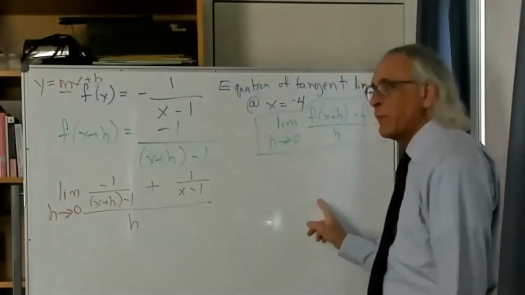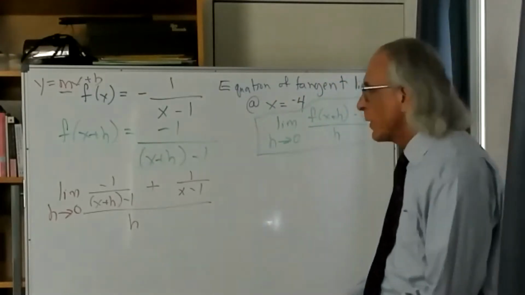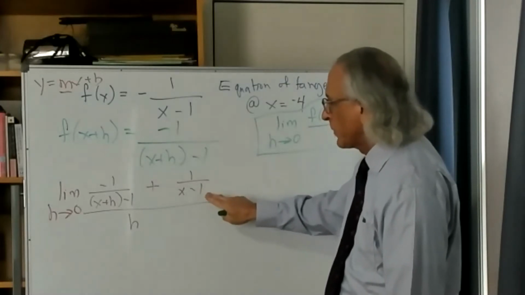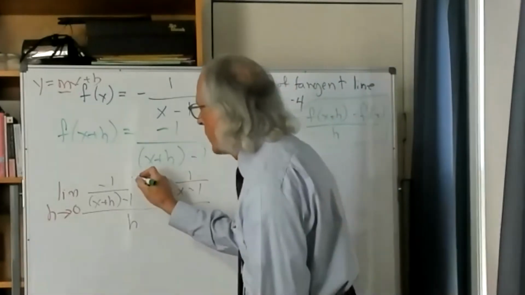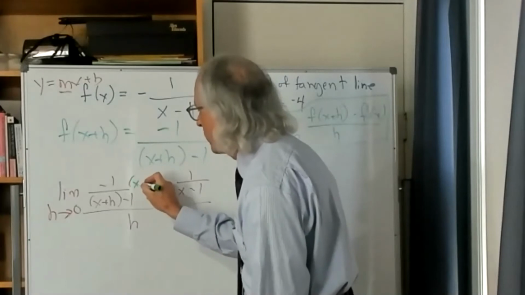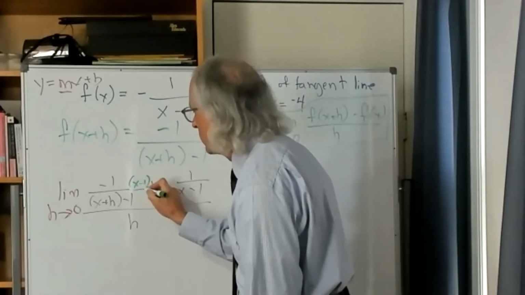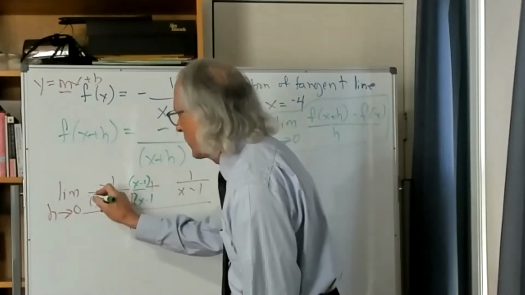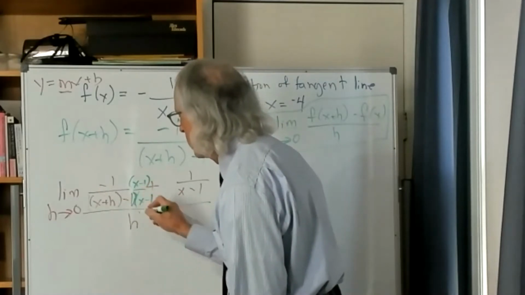And I'm gonna do the same thing I did over here, which I just erased. I'm gonna take the denominator from this second piece and multiply it over here: x minus 1 divided by x minus 1. I think I'll put parentheses around this whole thing also.